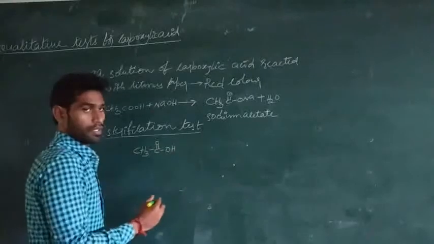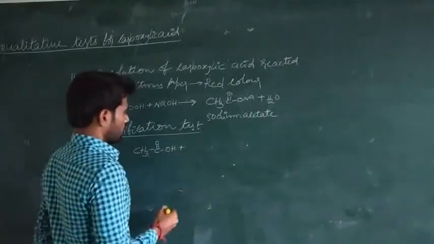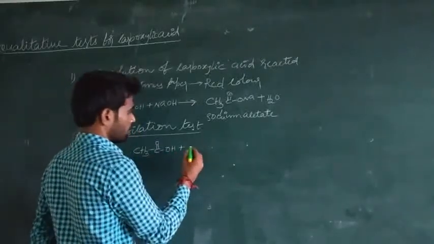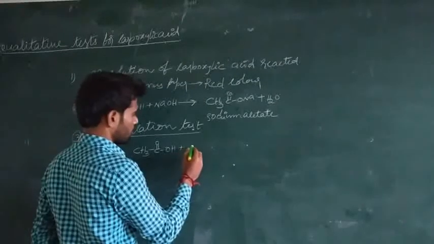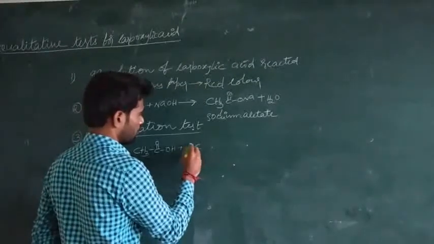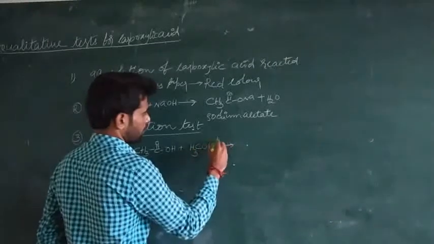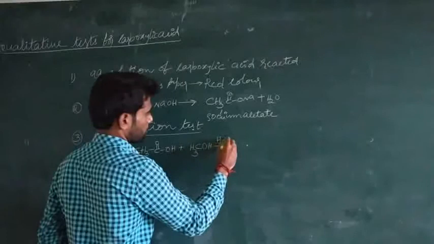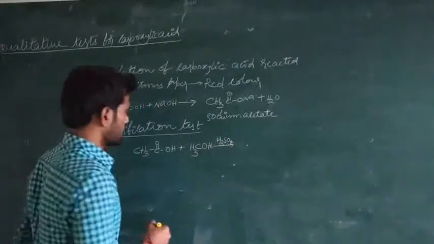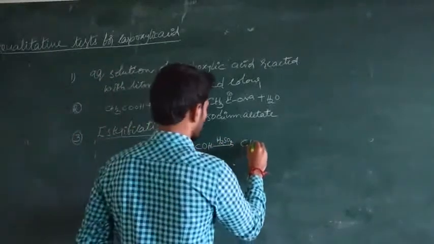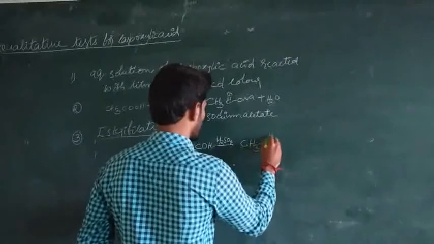When acetic acid is reacted with alcohol like methanol in the presence of acid like H2SO4, it is producing esters.